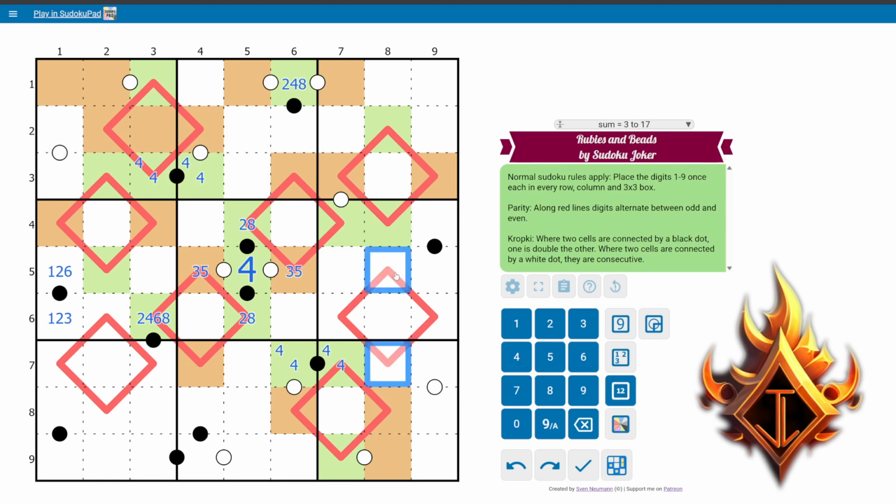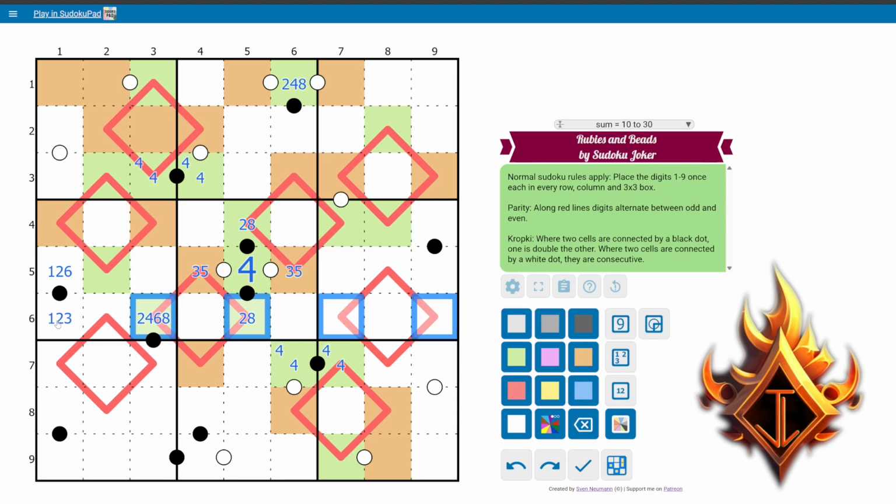If these are odd, the evens are done for this row. That would be even. The evens would be done for this column. The rest would be odd.